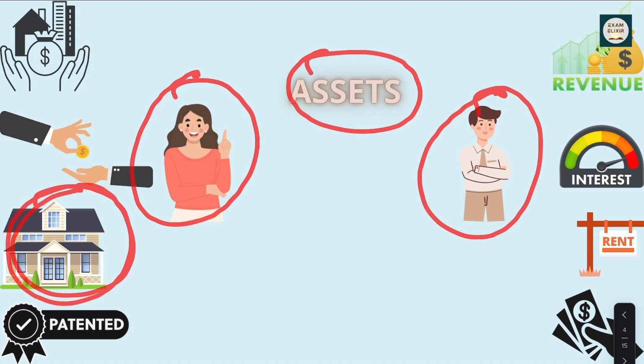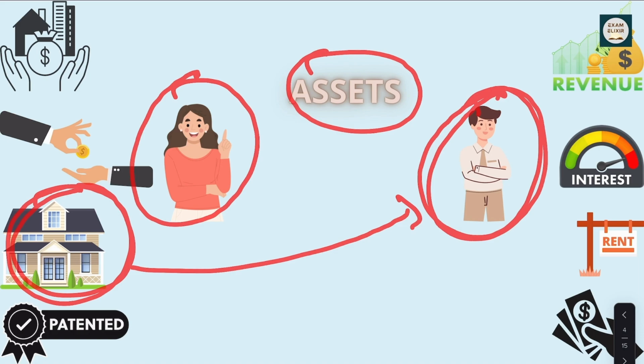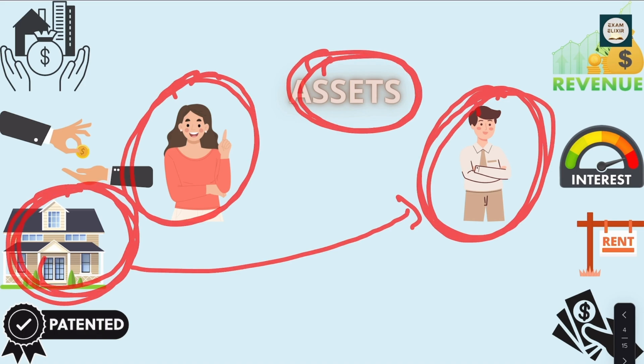Now here, after selling this house to this gentleman, you are no longer the owner of this house. Now he is the owner of this house. That is why this is no longer an asset to you. So your assets have declined or decreased. So this transaction of selling this house to this gentleman is called a capital transaction.